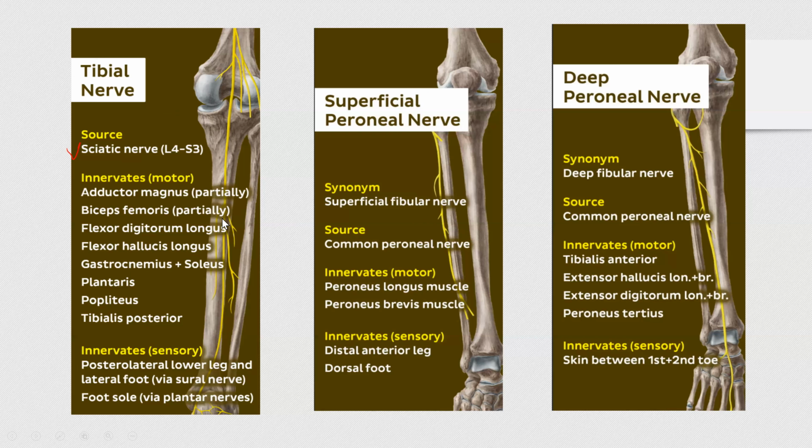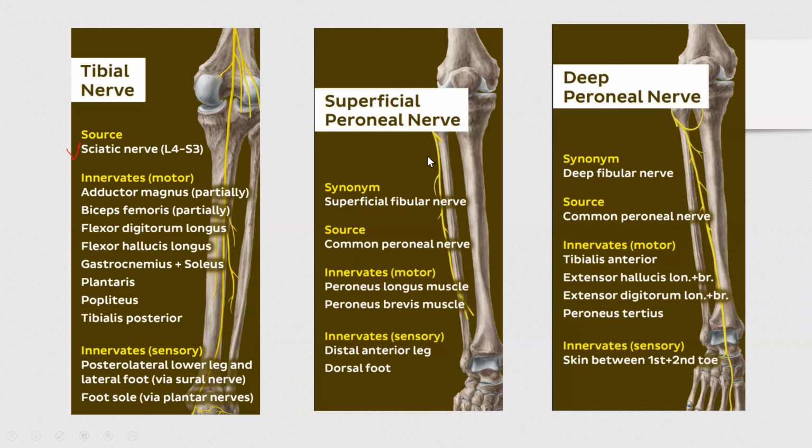And then we have our fibular nerve. Here they call it peroneal. The peroneal nerve is the same as the fibular nerve. So remember, where this sciatic nerve reaches your popliteal region, it's going to split into tibial, and the tibial goes all the way down, innervating all these muscles of the inferior leg, and the common fibular.